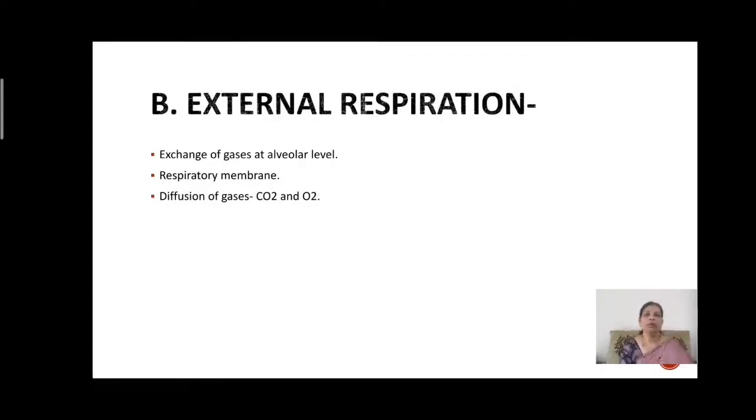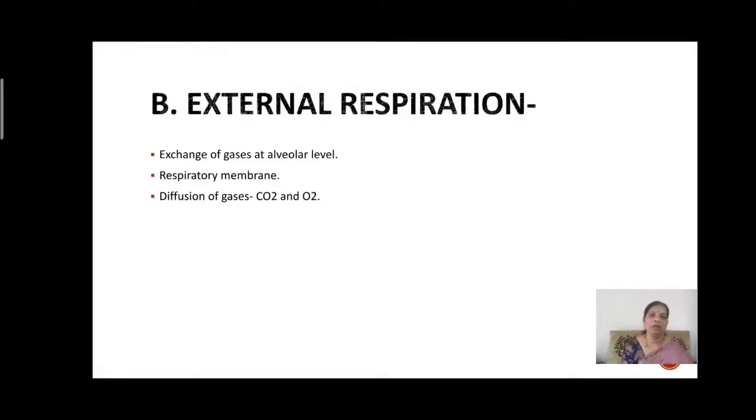Together they form a respiratory membrane through which the exchange of gases takes place between the alveolus and blood. According to the law of diffusion, gases always flow from high concentration or high pressure towards low pressure.